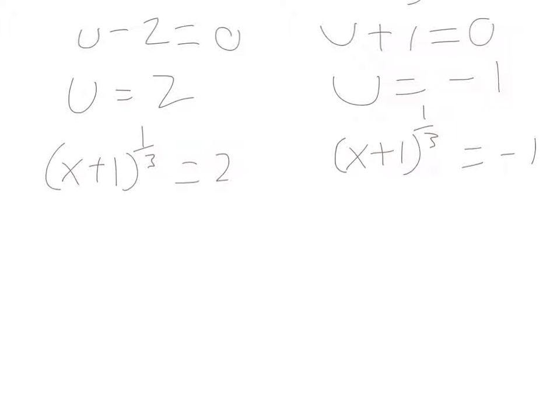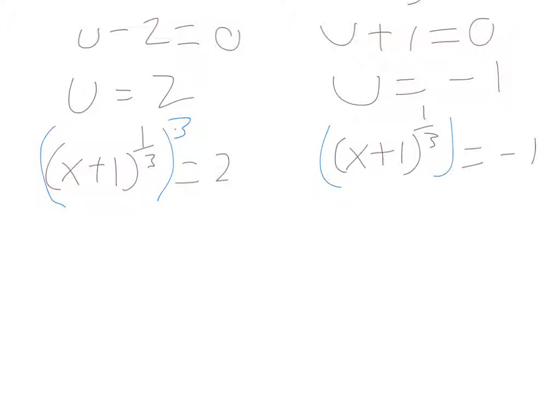Now, to get rid of that exponent, since it's to the 1/3 power, we raise it to the power of the reciprocal. If the exponent is 1/3, the reciprocal is 3 over 1, or just 3.